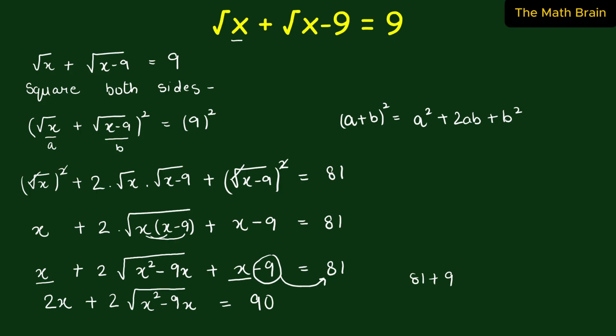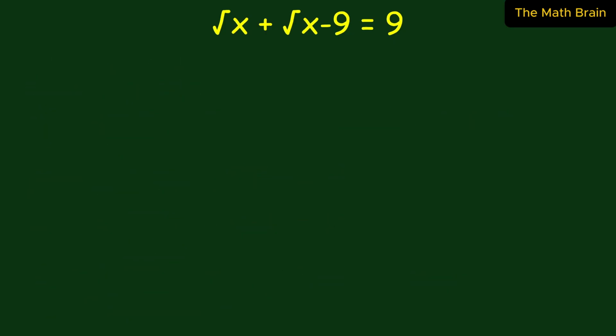Now we will take this 2 and this 2 common from both of this and we will get 2 common, x + √(x² − 9x) is equals to 90.